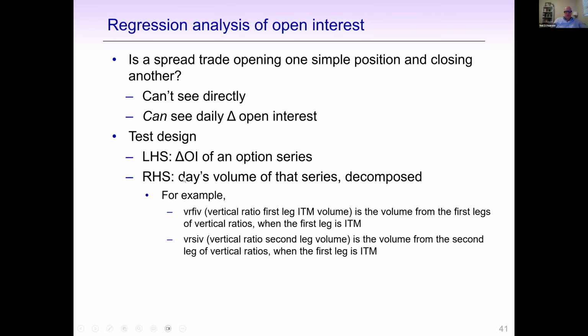Anyway, we're just going to decompose the day's volume into the parts of volume. If there are 10,000 contracts traded, 500 come from one particular set of complex trades, 1,000 come from a different kind of complex trades, etc.